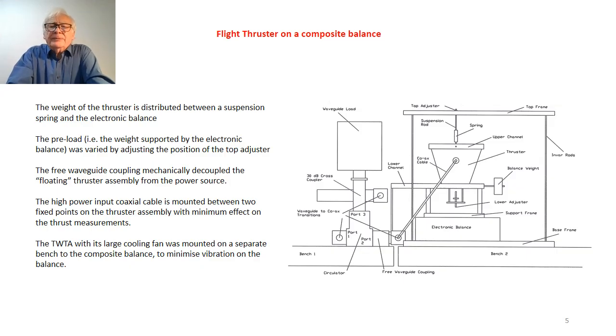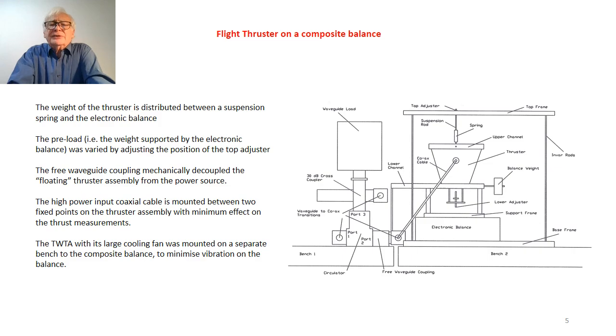The problem here is that when you turn the power on to this thruster, you immediately start getting a temperature change, and we need to minimize the effect of this temperature change on the balance reading.